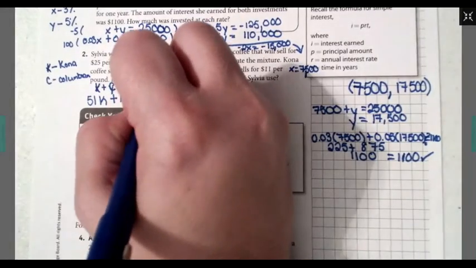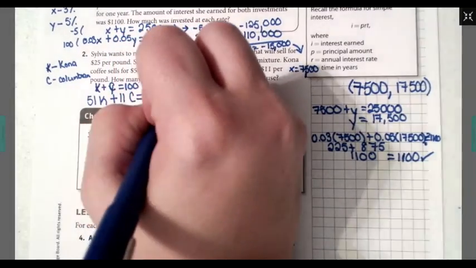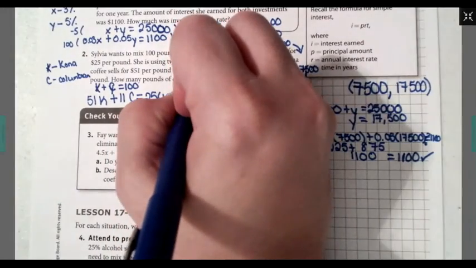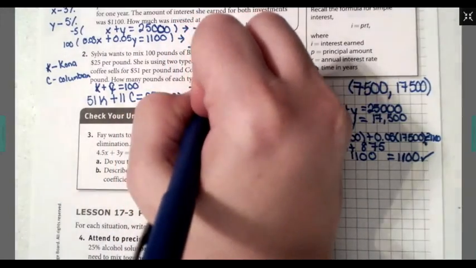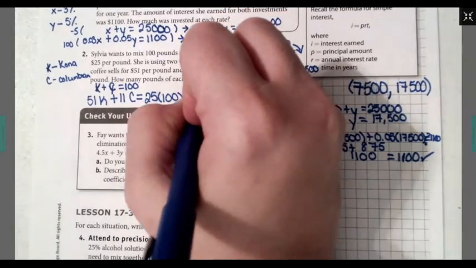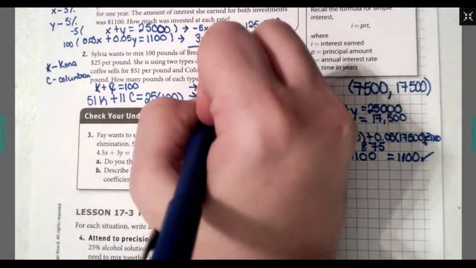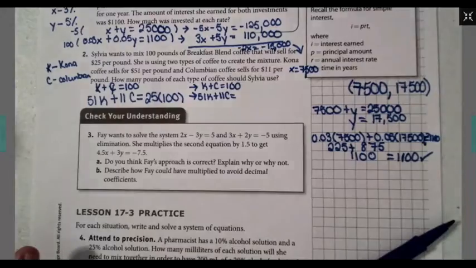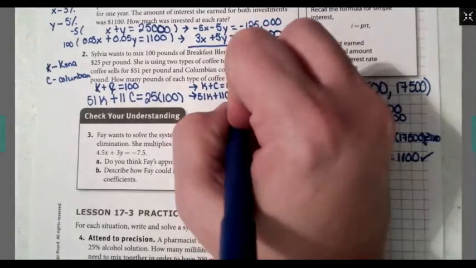So I'm going to do 25 times 100. So I got K plus C equals 100. That didn't change. Here I've got 51K plus 11C equals 2,500.